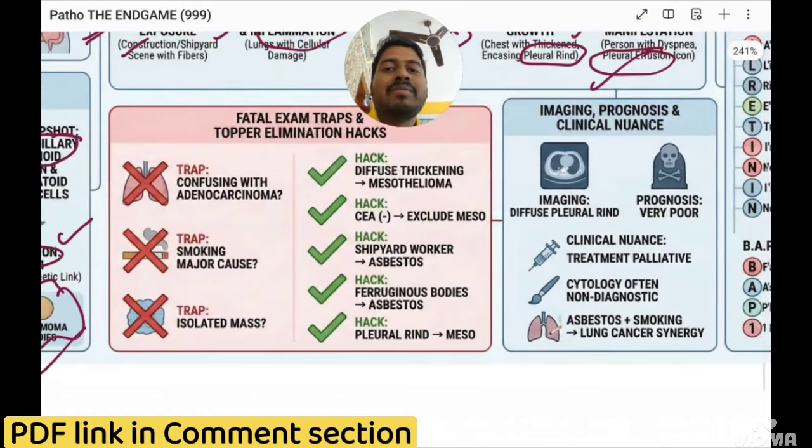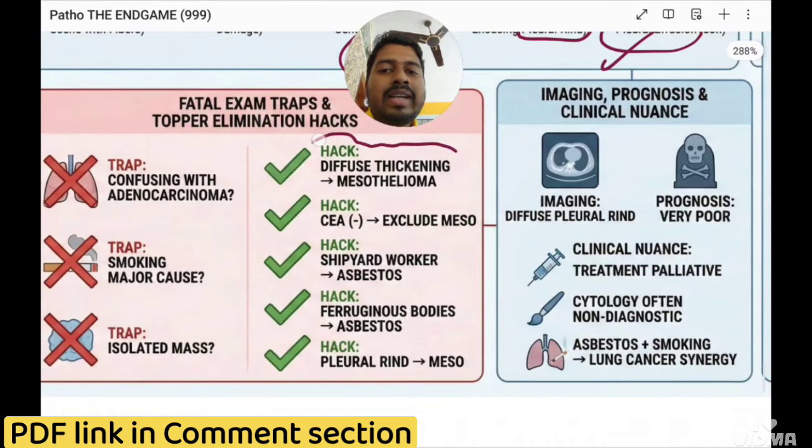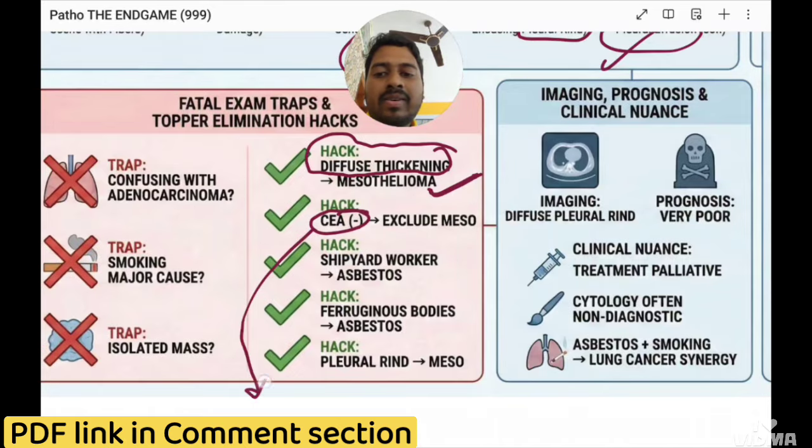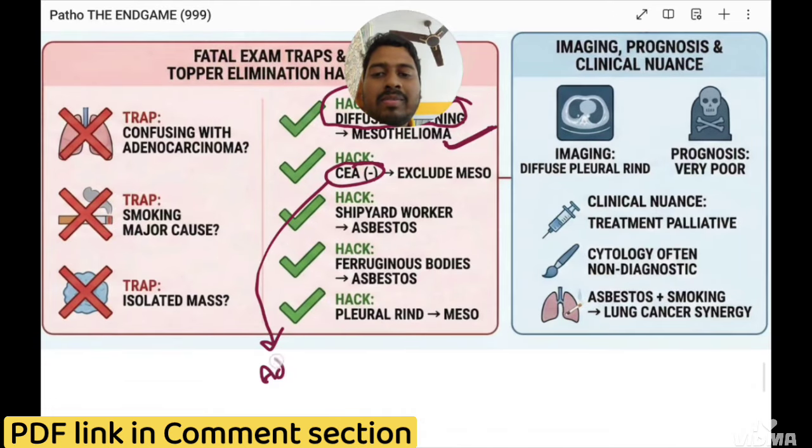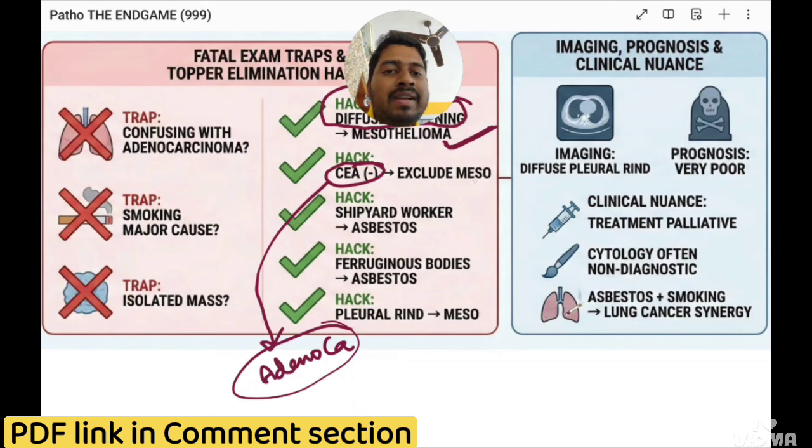Okay, it can happen. Now, diffuse thickening of the pleura is caused by mesothelioma. And if you see CEA negative, because CEA is raised in adenocarcinoma or bronchogenic carcinoma, then you should always consider mesothelioma in your diagnosis.